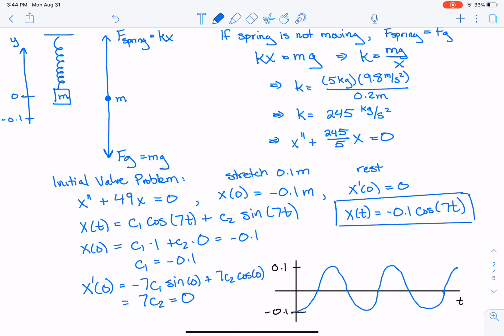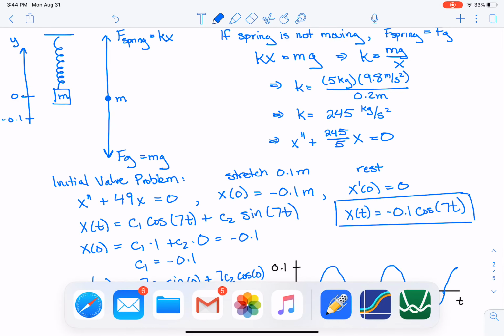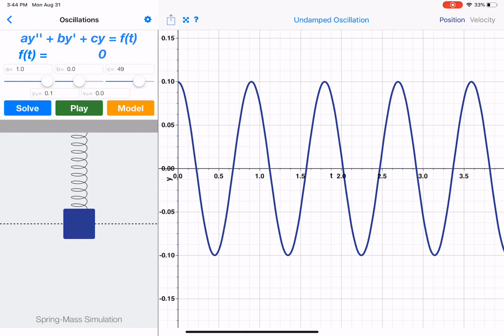Let's see what that looks like, say, in slopes. Okay, so I need to set the initial condition. This is a y double prime, a is 1, and b is 0 because there's no y prime in our equation.